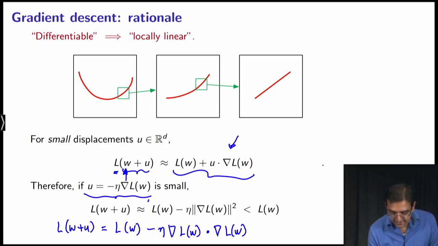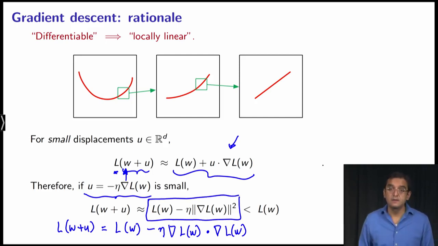And so this is the value approximately of the loss function at W plus U. Okay, and what is it? It's the loss function at W, minus something positive. So it's less than L of W. So moving in the direction opposite to the derivative is guaranteed to reduce the loss function. This is why gradient descent works.